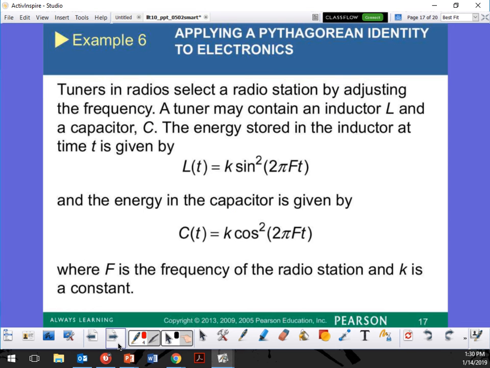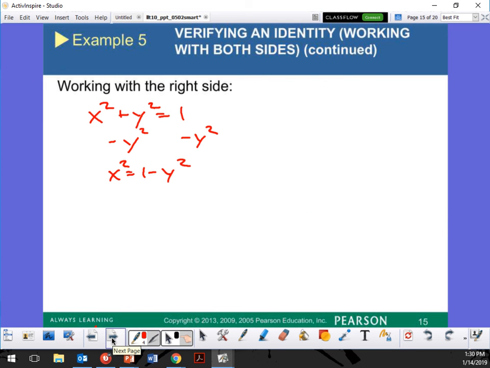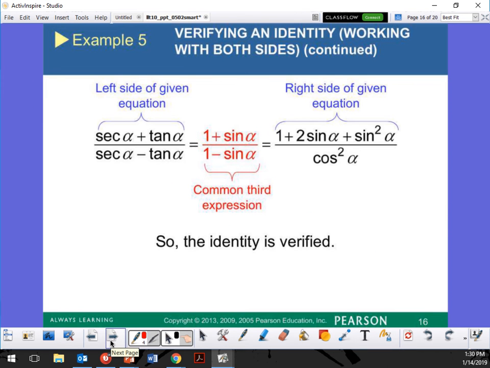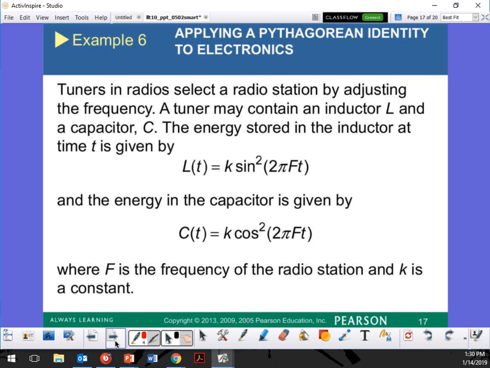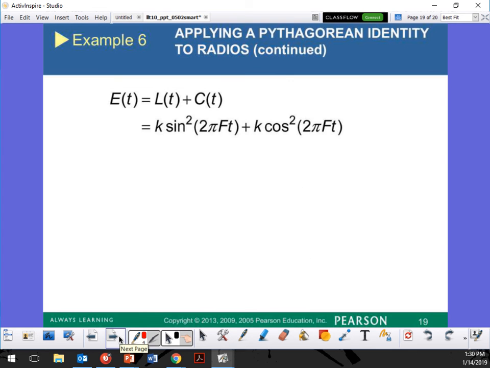Example 5 again. Are we doing example 5? We just did example 5, but they did it a different way. So I still have it in the notes. They did the conjugate like we did already, but it's way different than yours.